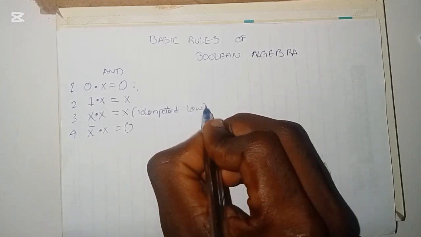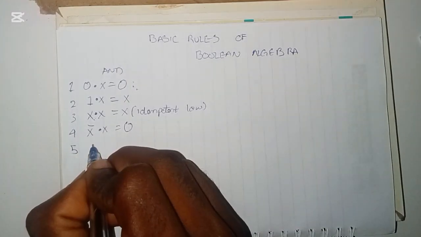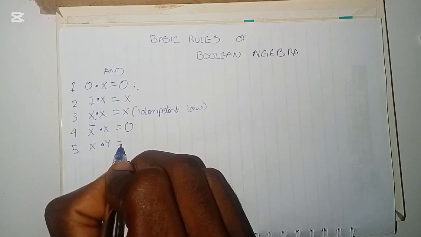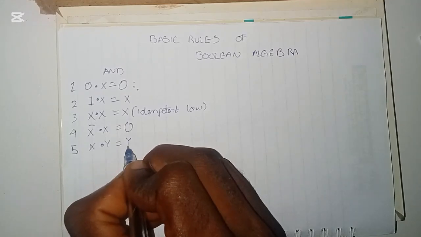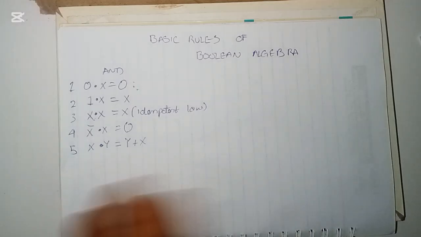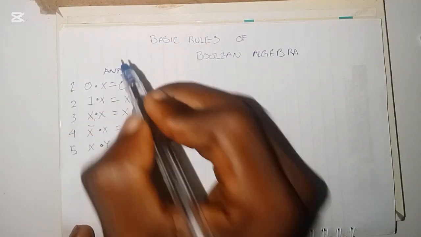The fifth one is x and y is equal to y and x. Why? I don't know how. It is an axiom. This is the axiom of AND.